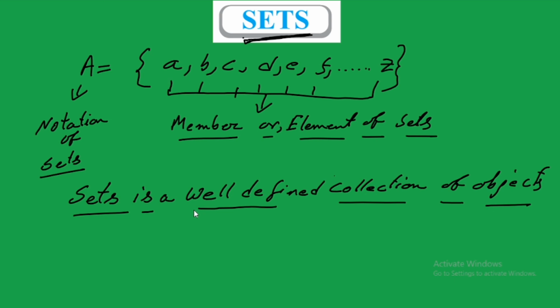What is the meaning of well defined? Well defined means that in our English letters we find 26 letters present. These are all A to Z.